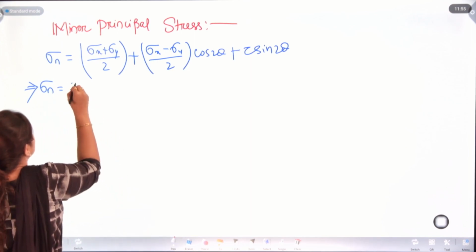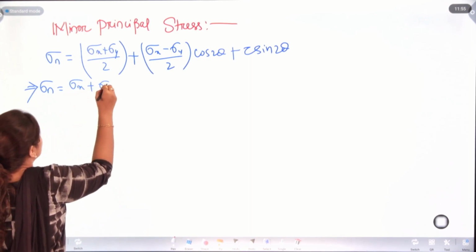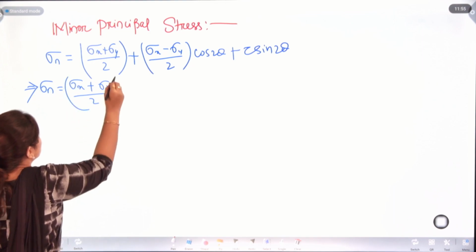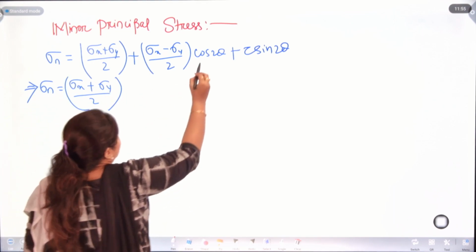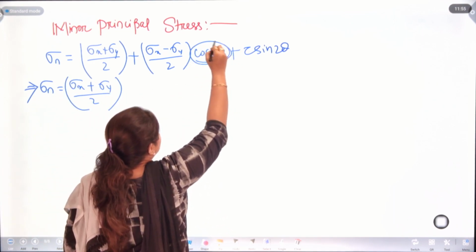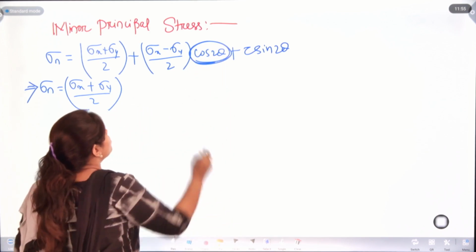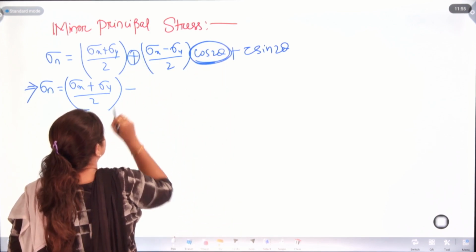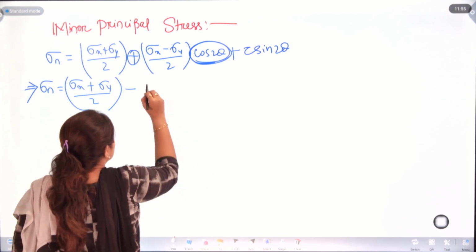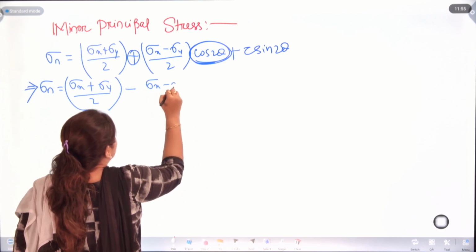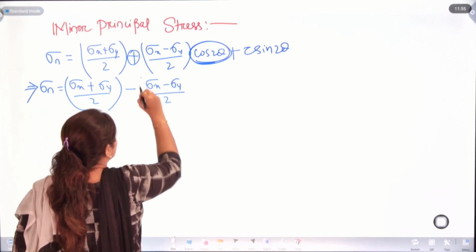Here we need to convert the sign of cos 2 theta, so we put minus sigma x minus sigma y by 2.